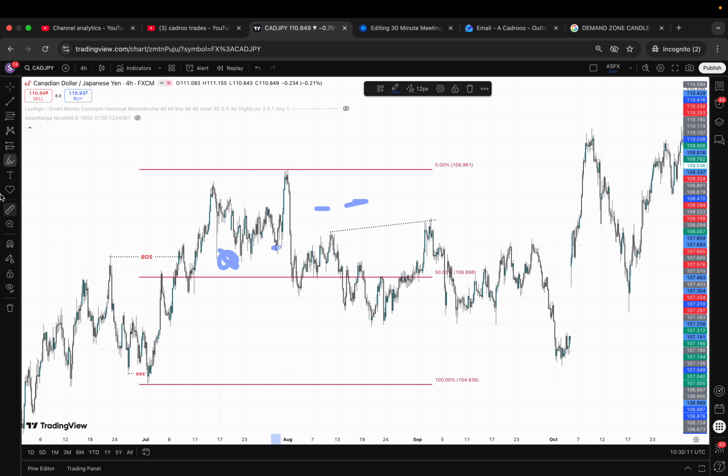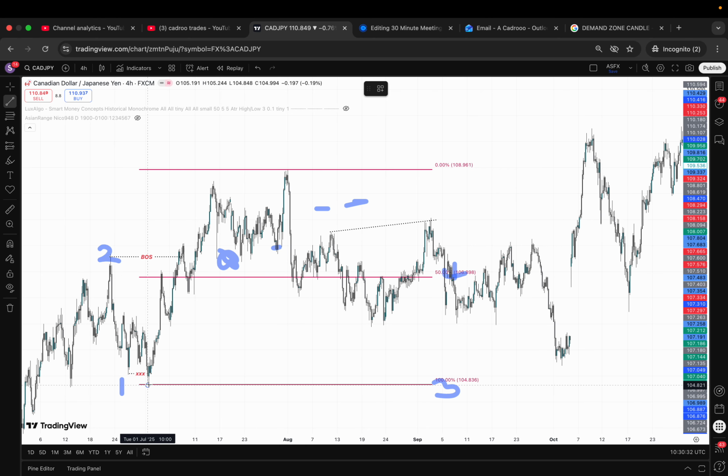Okay. Now, checklist number what? Number 1. Number 2, break of structure. Number 3, using our Fibonacci tool. Number 4, determining discounted areas. Okay. Number 5, we're looking for structural liquidity. Now, where is structure?